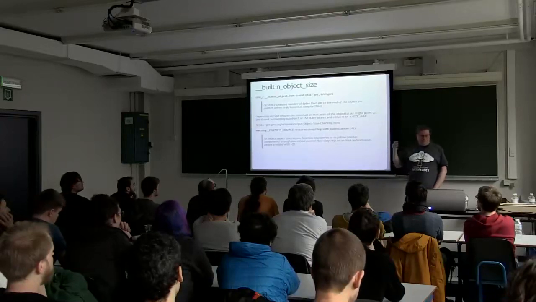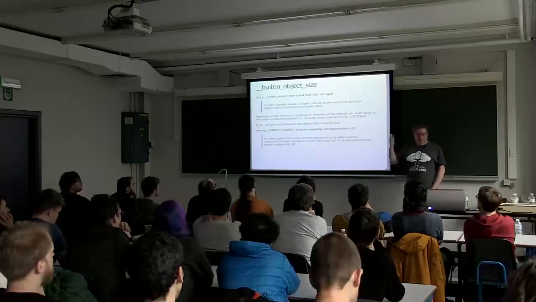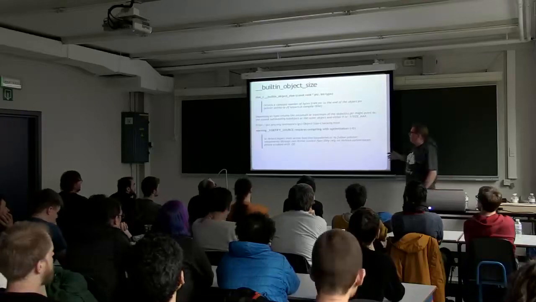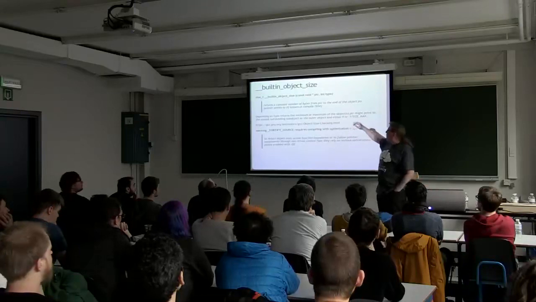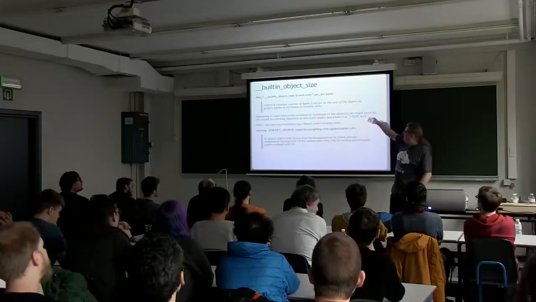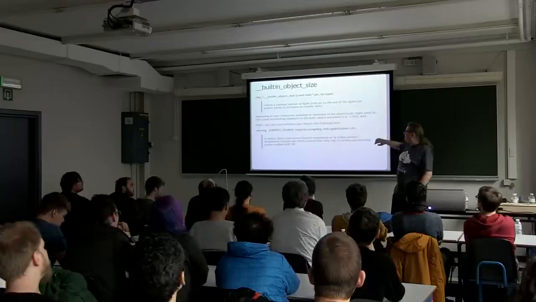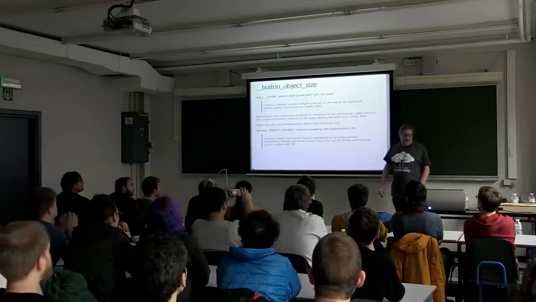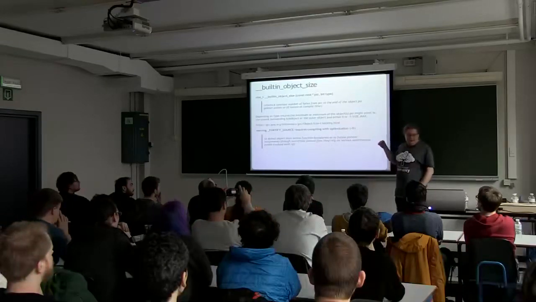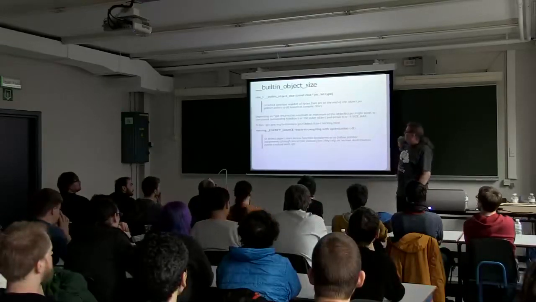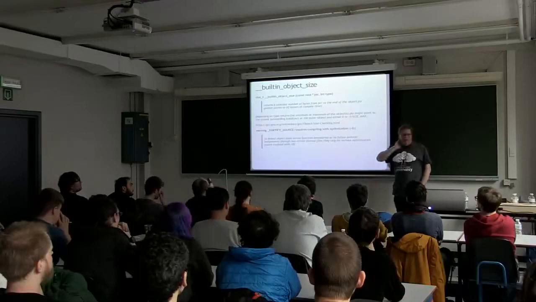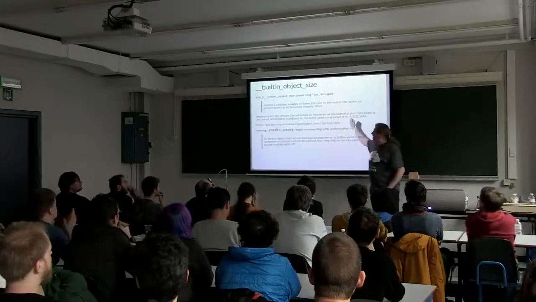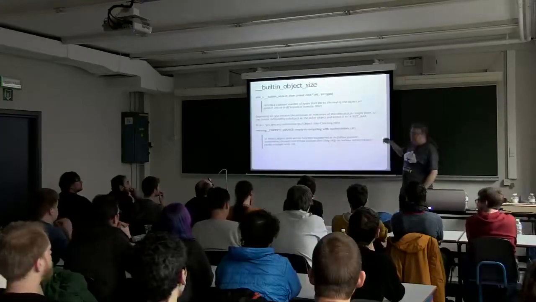So it returns a constant number of bytes from the pointer to the end of the object the pointer points to, if known at compile time. And then you can give it a type which is defined as 0, 1, 2, or 3, and that changes the behavior a bit. The thing is that it has to be known at compile time.